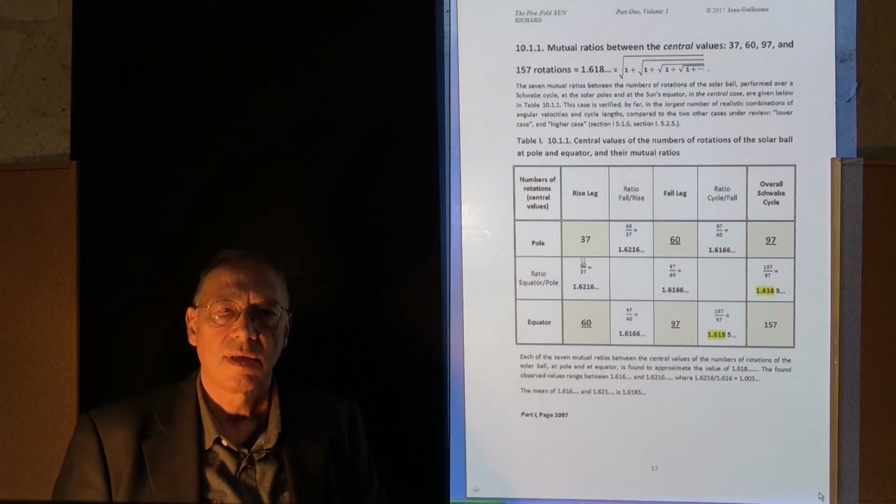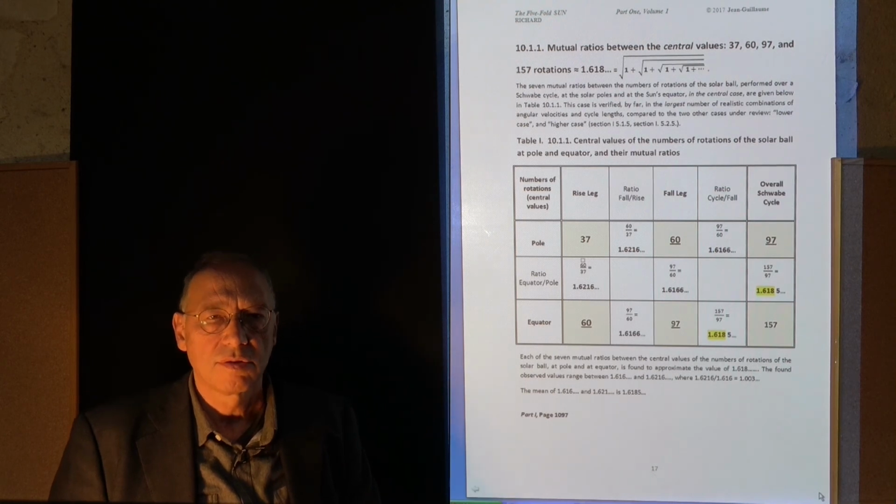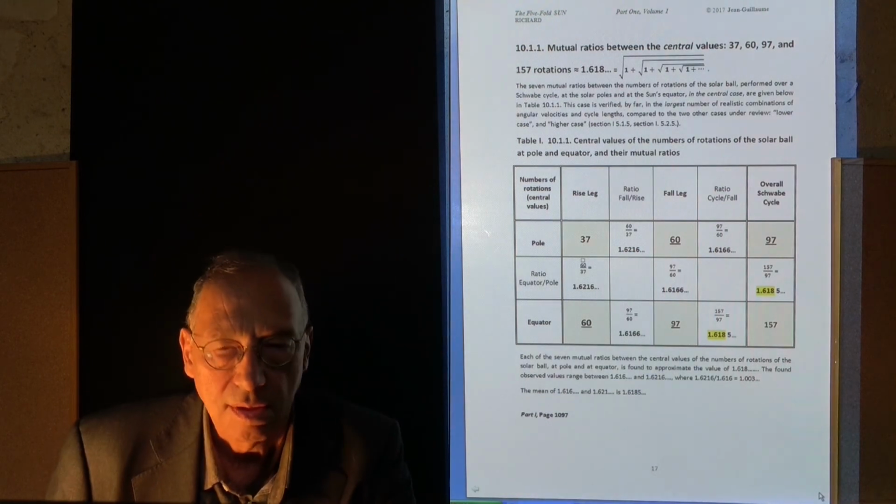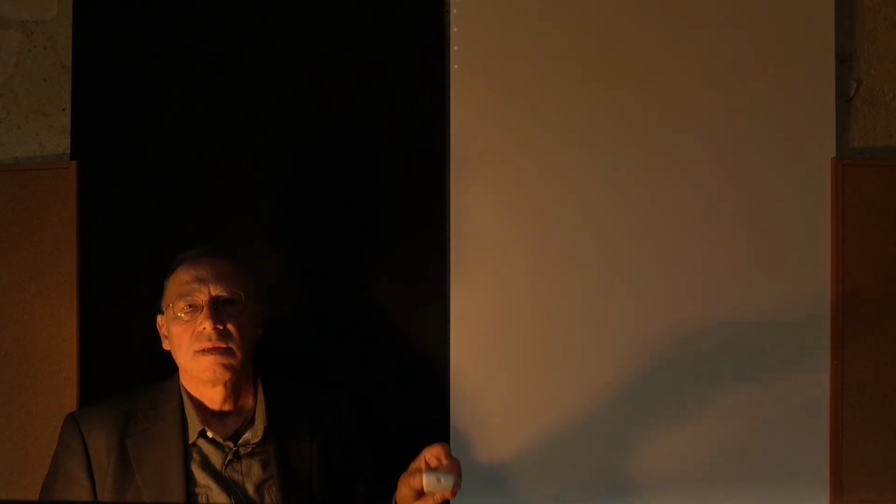So this is an interesting set of conclusions which we could arrive at from consideration not of the length of the solar cycle expressed in terrestrial units such as terrestrial years.